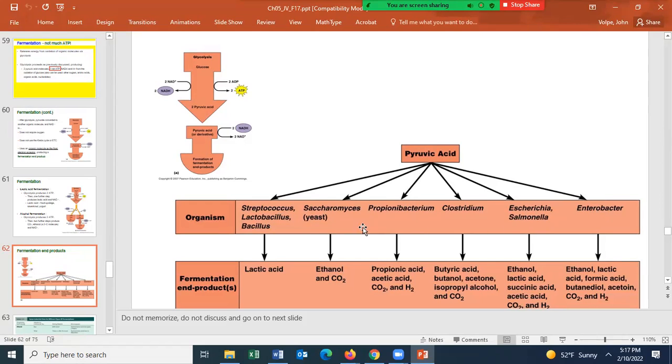And so these are some of the fermentation reactions. Like I said, you really only need to know about lactic acid fermentation and ethanolic fermentation. But the point is there's more than one fermentation reaction, and it generates different end products.